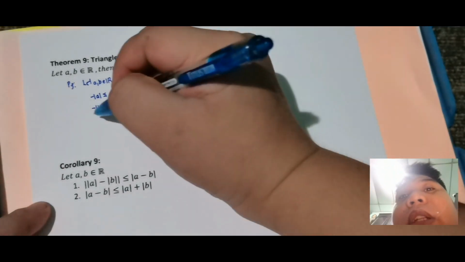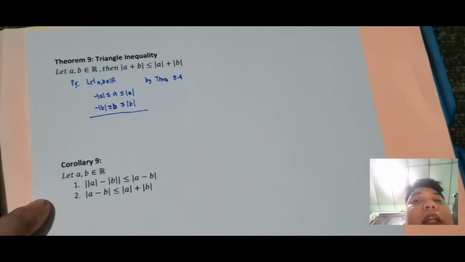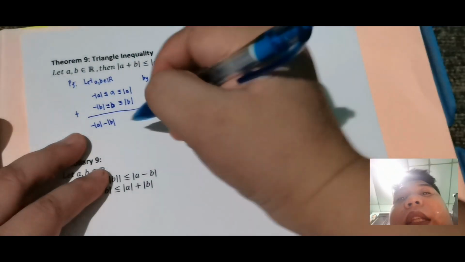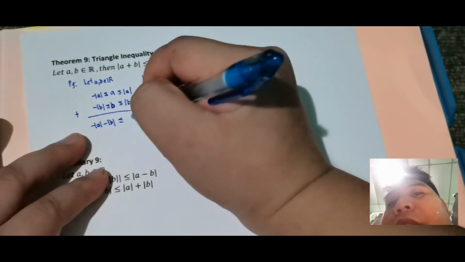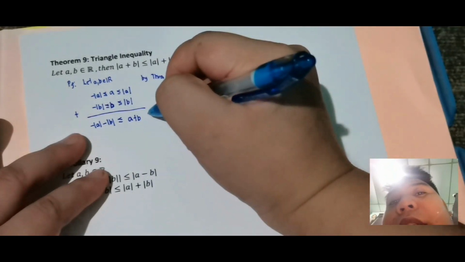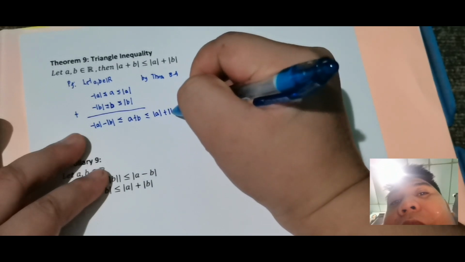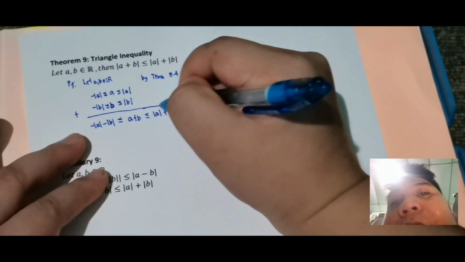Now, what I will do is add those two inequalities. When we add, that is equal to negative absolute value of A minus absolute value of B, then that is less than or equal to A plus B in the middle, then that is less than or equal to absolute value of A plus absolute value of B. Again, I just added the whole inequality.